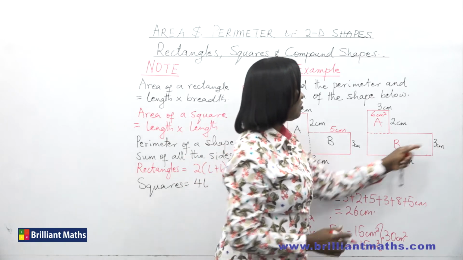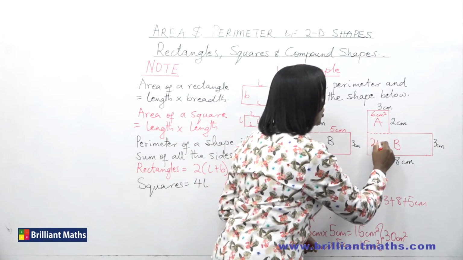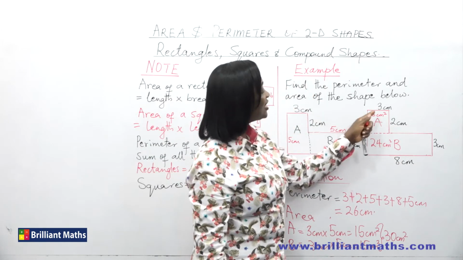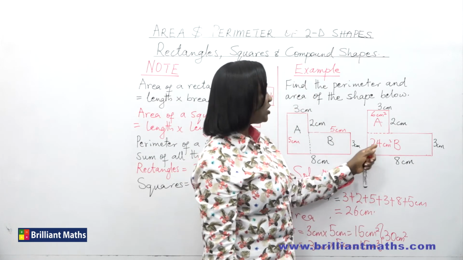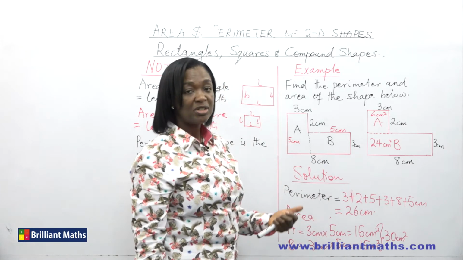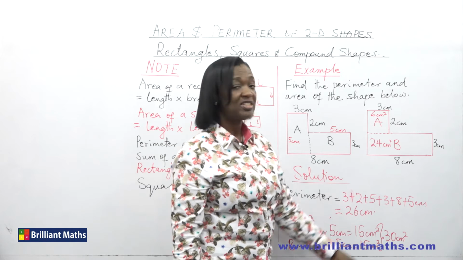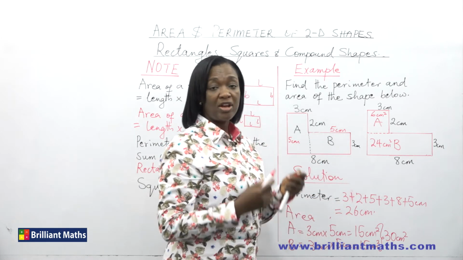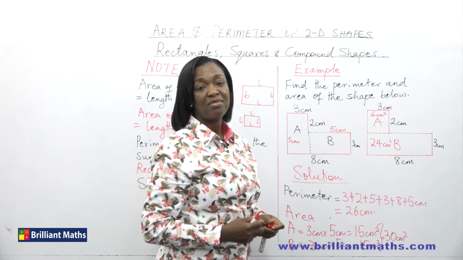And 8 times 3 is 24 centimeters squared. 6 centimeters squared plus 24 centimeters squared would give us 30 centimeters squared, like we got the first time. So whichever way you partition your shape, if you've done it correctly, you should get the same answer.